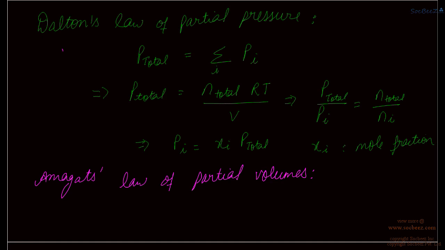Similar to Dalton's law of partial pressure, Amagat's law states that the volume occupied by the ith gas equals the mole fraction of the ith gas into the total volume. V total is the total volume occupied by the mixture. So V total into Xi gives Vi. Now let's discuss diffusion first.